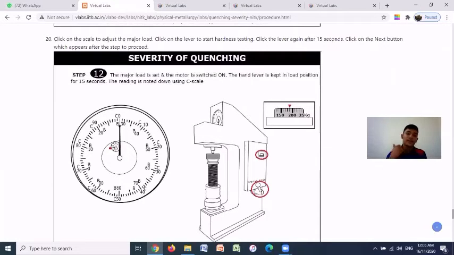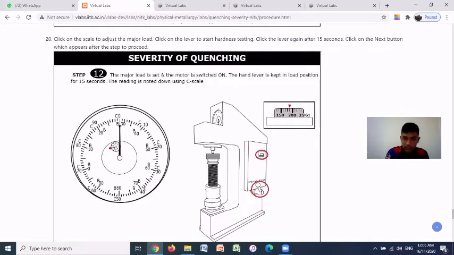The hand lever is kept in load position for 15 seconds. The reading is noted down using C scale. Alright. Betul. Ini adalah untuk unload and load.